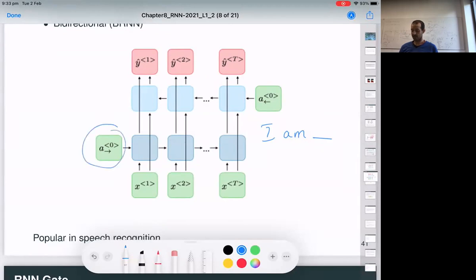This is the initial state. Because in a neural network there is a recurrence, you need to have H0. Before it was called H, but this is A for the activation at time 0. So my task is "I am", and the recurrent network tries to deal with this.